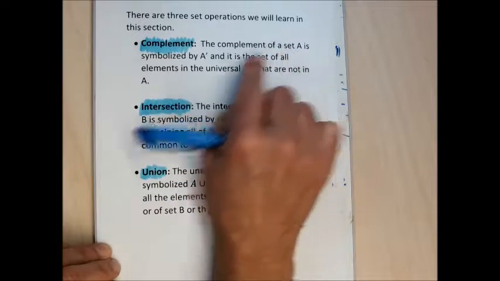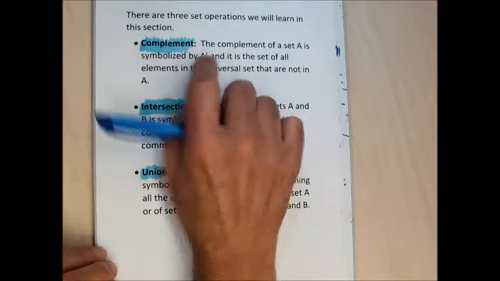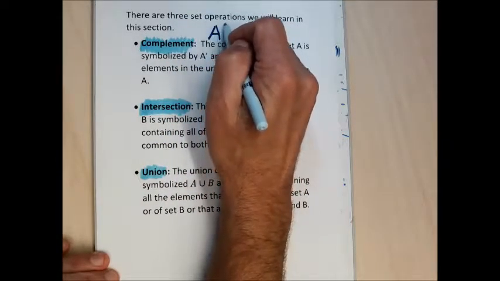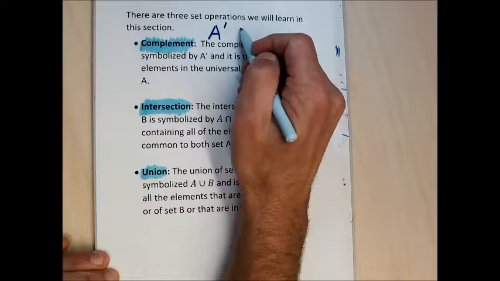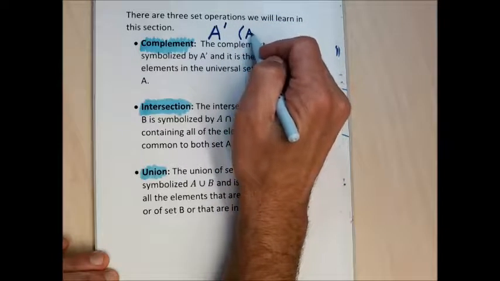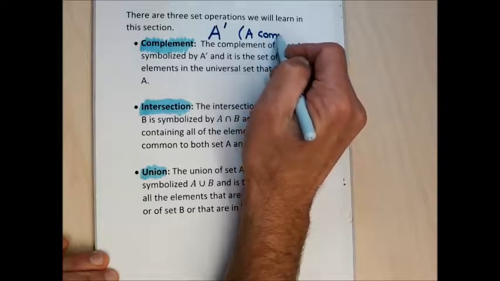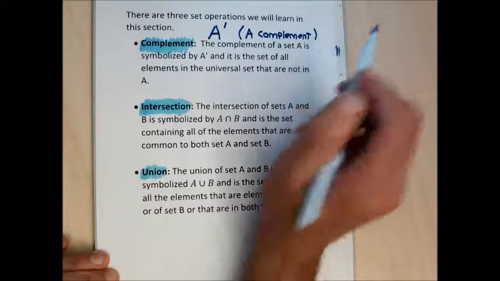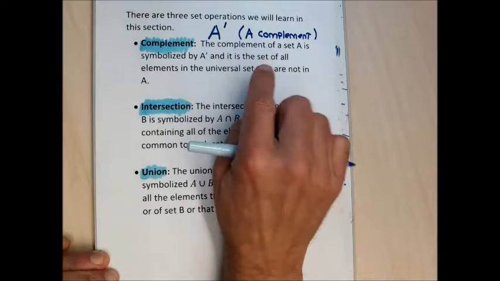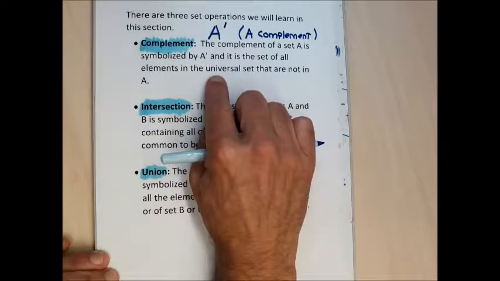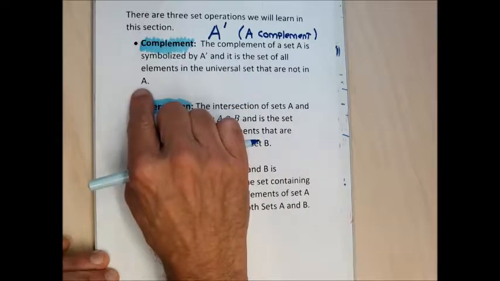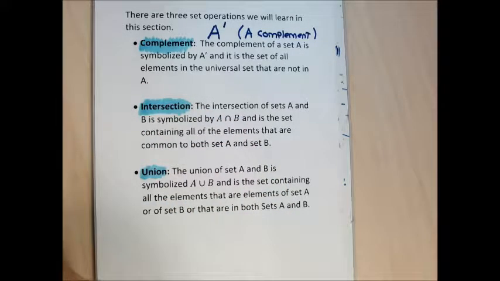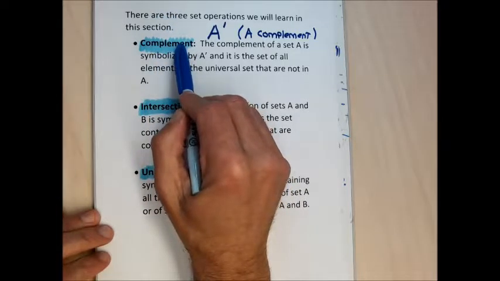The complement of a set A is given the symbol A complement. So if I see this symbol, I would read that as A complement, or the complement of set A. And A complement is the set of all elements in the universal set that aren't part of set A. And again, if you knew what complement was already, the definition would make sense.